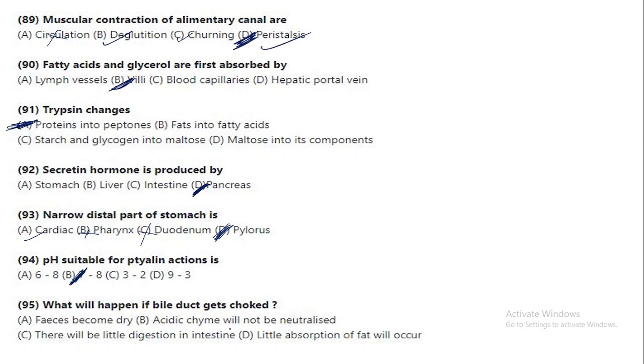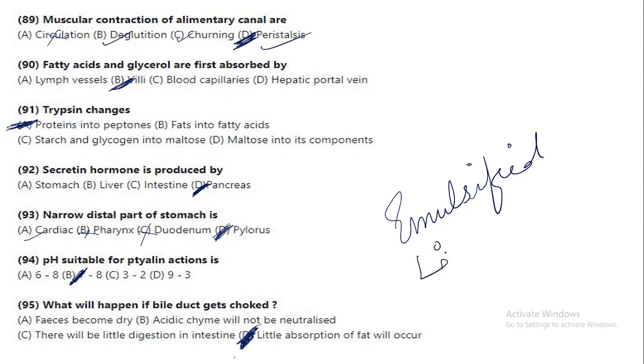The more appropriate option here is little absorption of fat, because if fat has to get digested, it has to get emulsified. Without that, lipase will barely digest any complex lipid. If large molecules are broken into small ones, then the lipase will act.